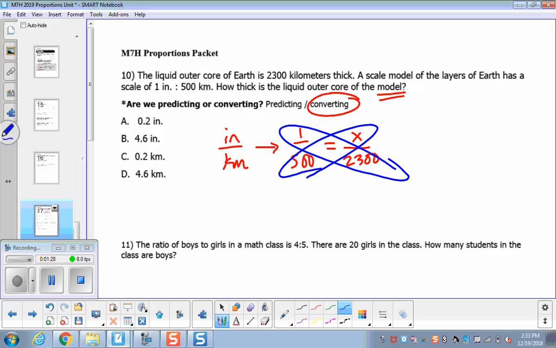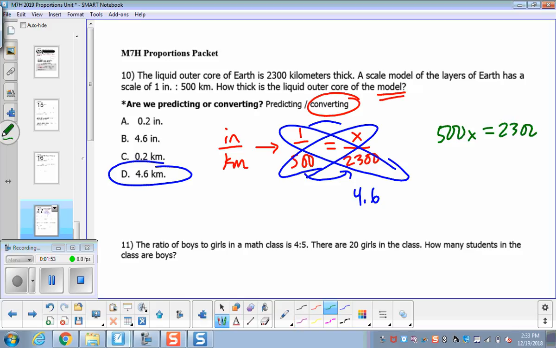That just means you just have to multiply by 1 here, which is already going to be the answer. So for those folks who want to divide 2,300 by 500, you're going to get the 4.6. That lets you know that the scale factor is 4.6, and so when you multiply there, we get D. Now if you cross multiply and divide, we get 500x equals 2,300.